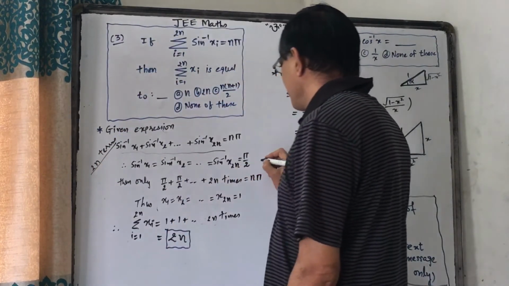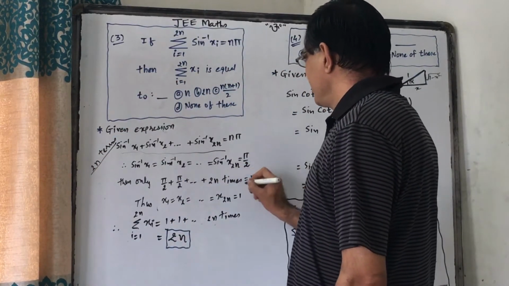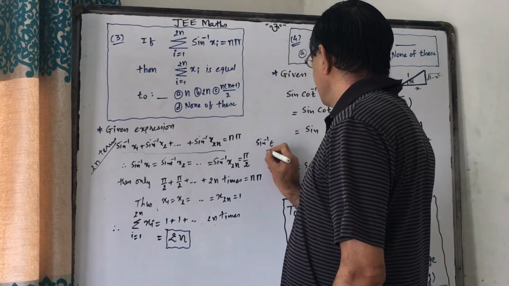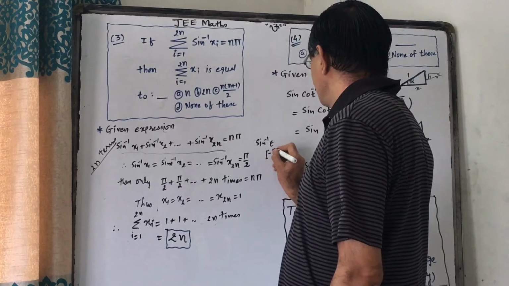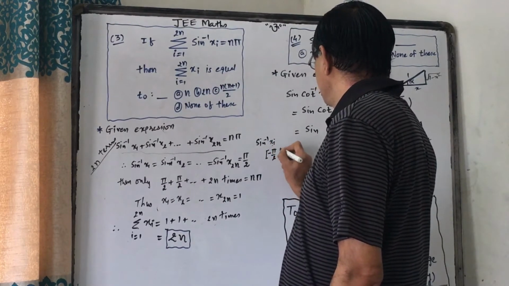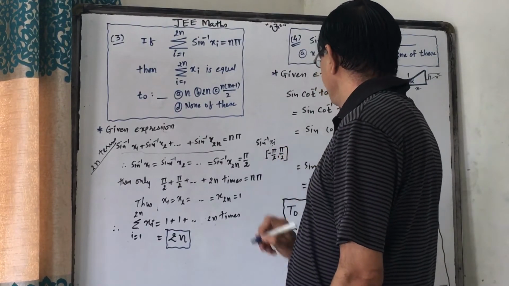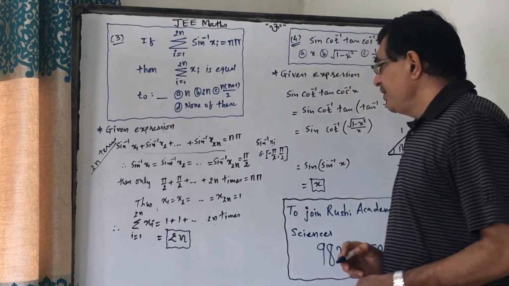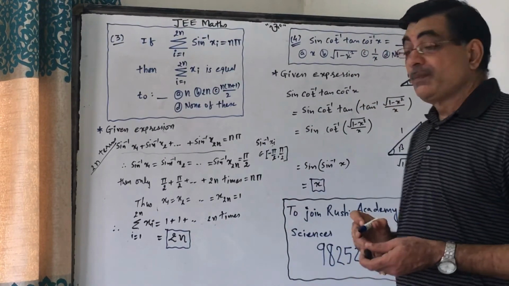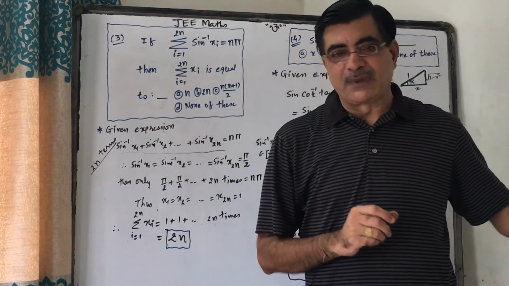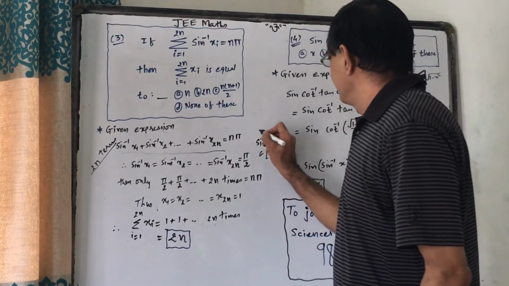And we know that the range of sin inverse is between minus pi by 2 to pi by 2, the closed interval minus pi by 2 to pi by 2.